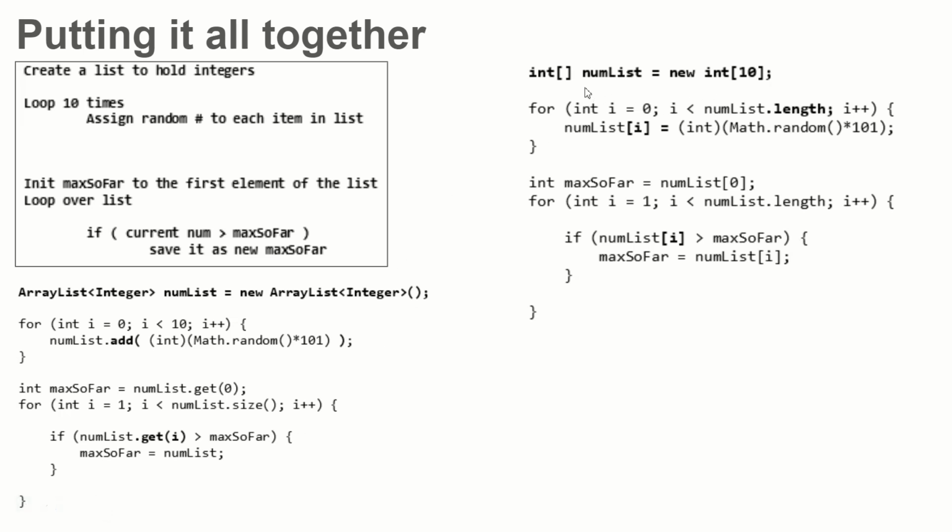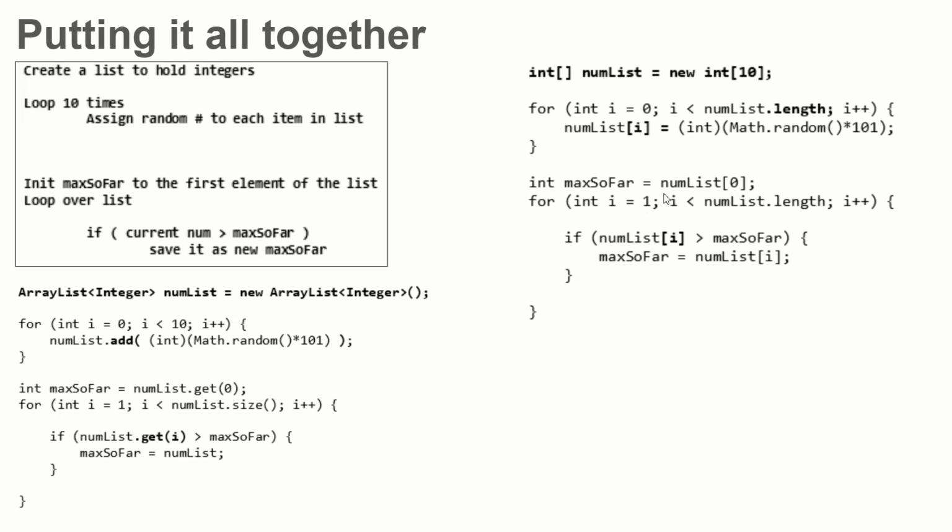So here we'll create an array that's length 10, and then we're going to loop over the length of the list, so that loops from 0 up to 10, not including 10. And then we generate a random number and save each of those values into each successive variable in the list. Now we declare a new variable called max_so_far, which is going to be initialized to the first thing in the list.